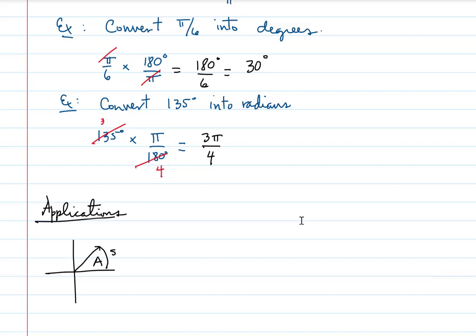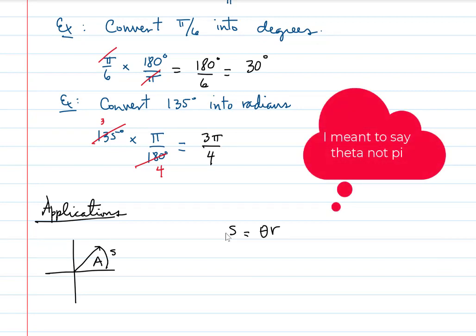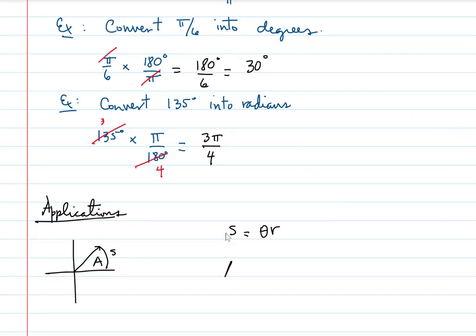So if I'm labeling the arc length to be S, there's a nice formula here. S is equal to r theta, or theta r, whichever way. The area of a sector, we have that it's 1/2 r squared theta.